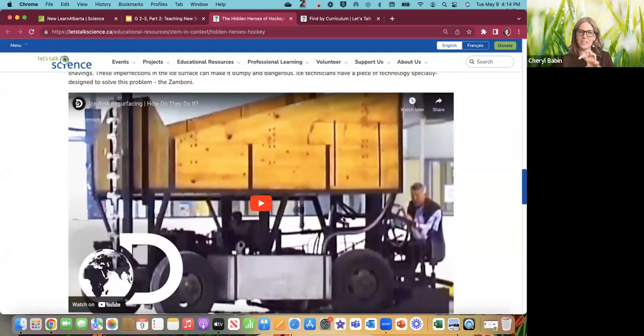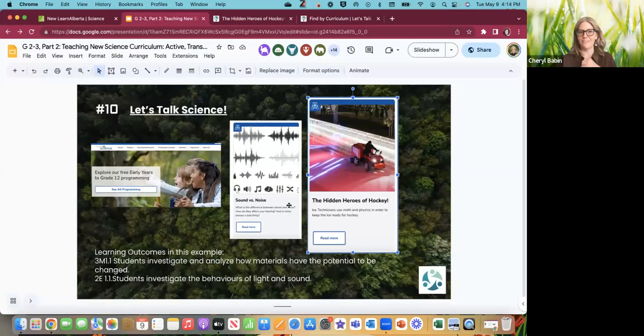So just using something that might connect to kids, and maybe you could find ways to get them to make their own little mini ice rink, or maybe they have to try to manipulate the materials in different ways. And we know that you've got lots of ways that they can make sound and noise. So that's the first resource that I thought you should check out. Let's Talk Science. It will work in almost all of your organizing ideas.